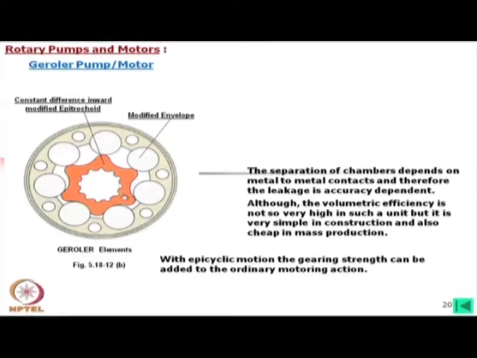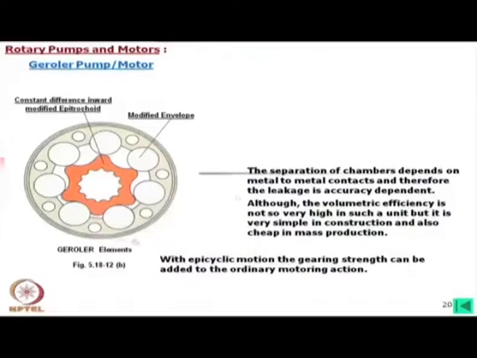Now, if we employ epicyclic motion, then this can be used as a low speed high torque unit, and usually that is used only as a motor, because there is no meaning in generating high pressure fluid at low speed.